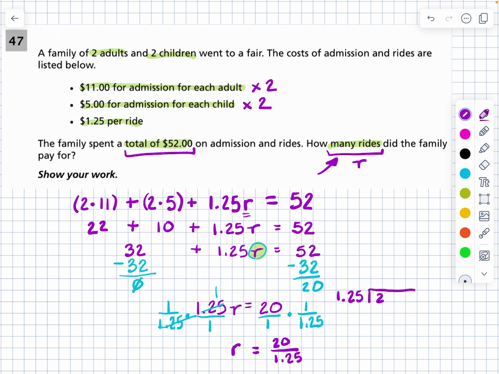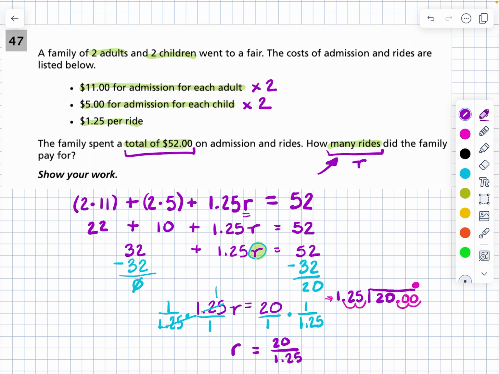I hope I didn't throw you guys off there. When I've got a decimal in the divisor, I want to get rid of that. It'll make it a lot easier for us to divide this. So if I move it 2 to the right in the divisor, I have to move it 2 to the right in the dividend, and I will bring that straight up.